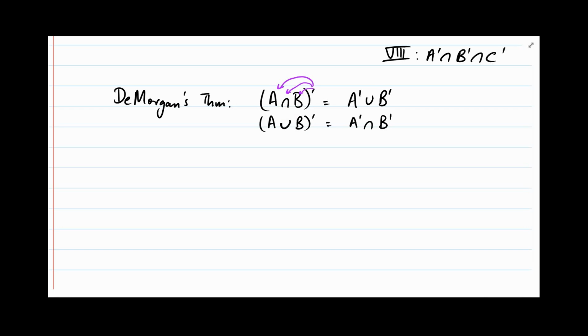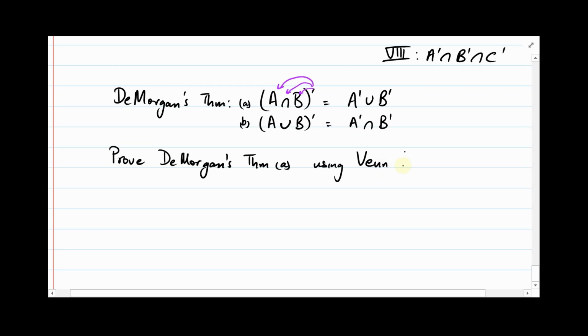But let's look at a method of proving. So we're going to prove De Morgan's theorem. Let's call this A and B. De Morgan's theorem, part A, using Venn diagrams.